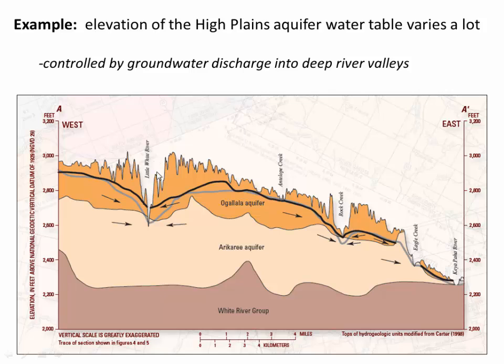So here's the Little White River, here's Antelope Creek, Rock Creek. Each of these rivers creates a big depression in the landscape. And of course, there's springs where the water table intersects each of these river valleys. And those springs are draining water out of the aquifer, and they're having the effect of lowering the water table regionally. So High Plains Aquifer shows an example of all these processes we've been talking about.